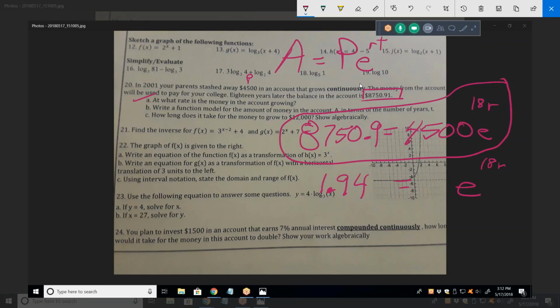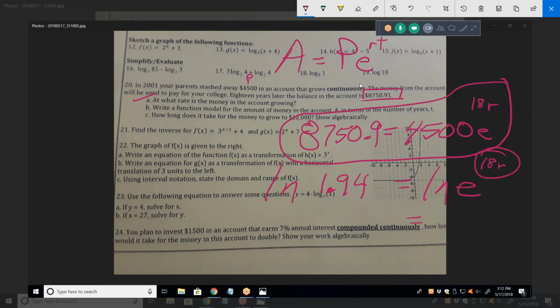I don't know what she means by unrolling, but the solution here is very straightforward. I'm going to take the natural log of the left side, that's a number. I'm going to take the natural log of the right side. Now, what does that allow me to do? What is the natural log of E to the 18R? It's whatever that is.